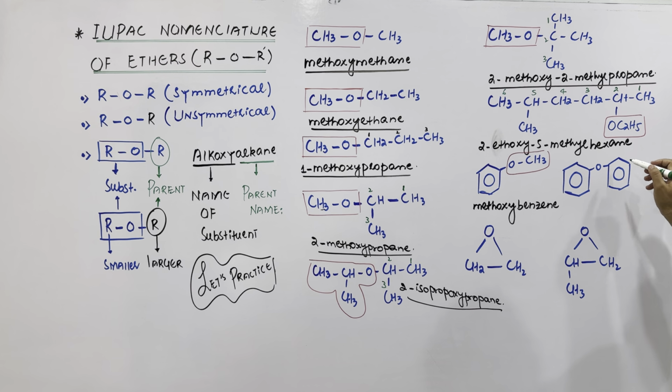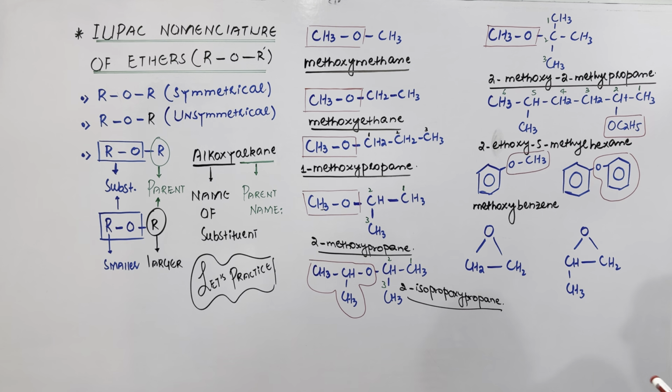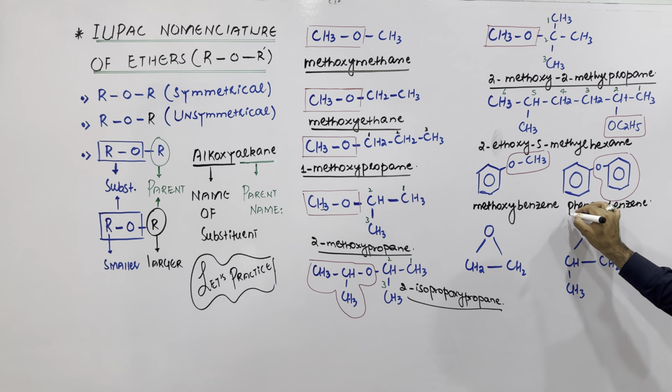Again, this one is an example of a symmetrical ether, so you can select any of the rings as the substituent. It will be phenyl, and this one is oxygen, so its name should be phenoxy benzene.